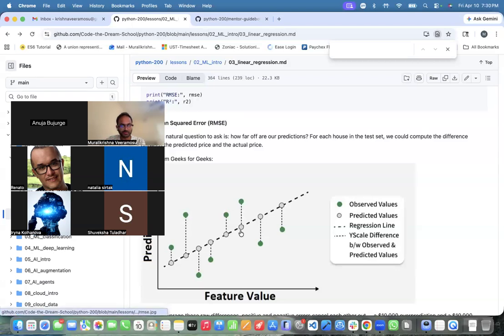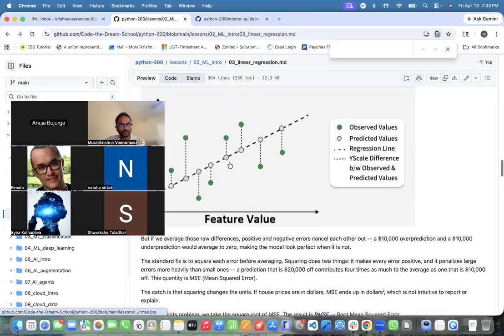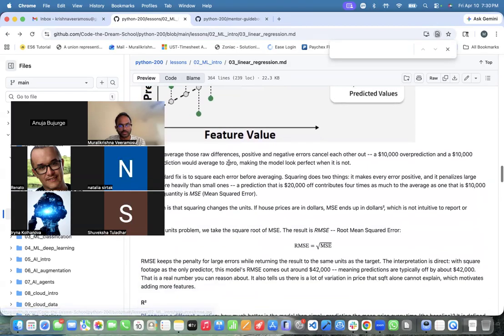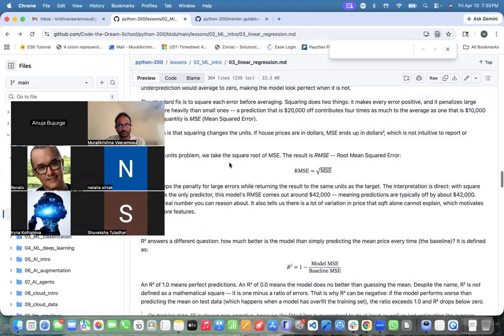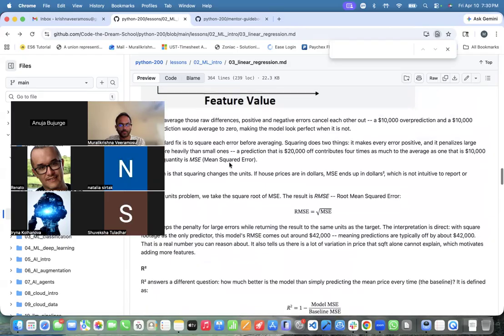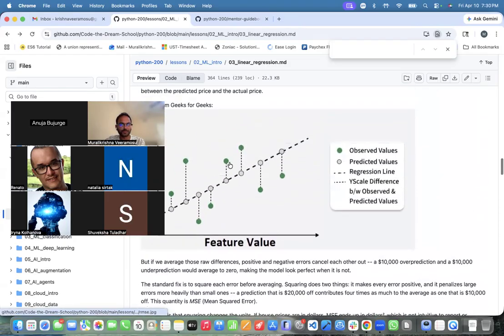The difference is an error, and we square the error and then get the average over all the data points. That's called root mean squared error. And it should be close to 0.